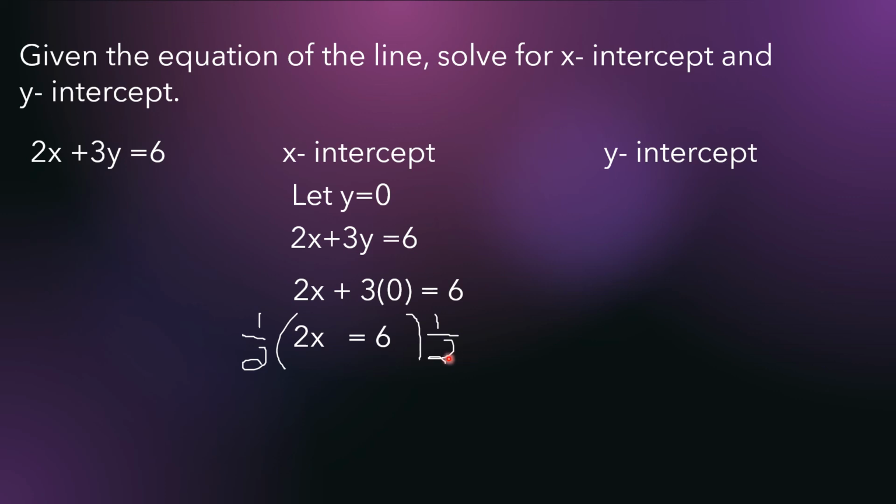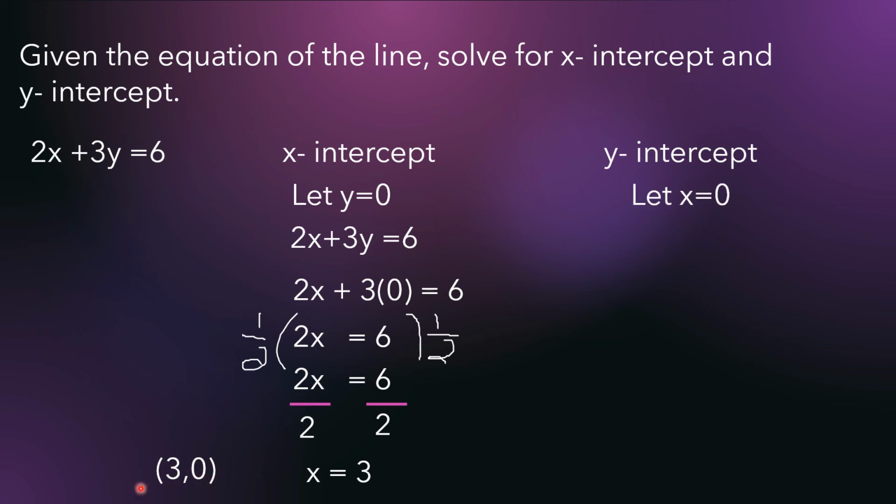Okay? So to shorten the method, we can just divide both sides of the equation by 2. So x now is equal to 3. 2 divided by 2 is 1. Then x is equal to 6 divided by 2, which is 3. Which means that the point now is (3, 0). The graph crosses the x-axis at (3, 0).